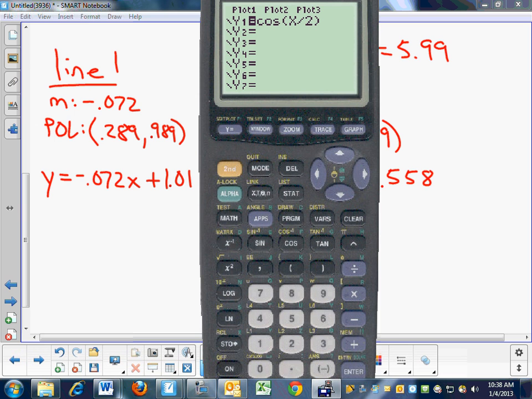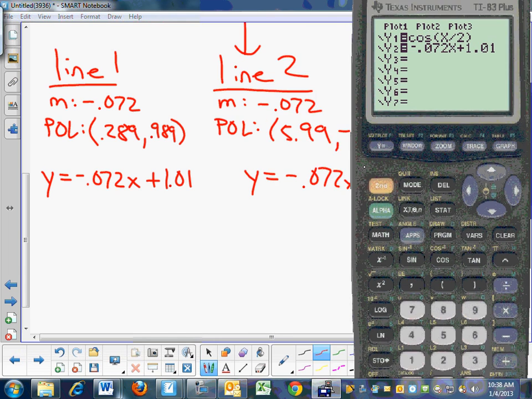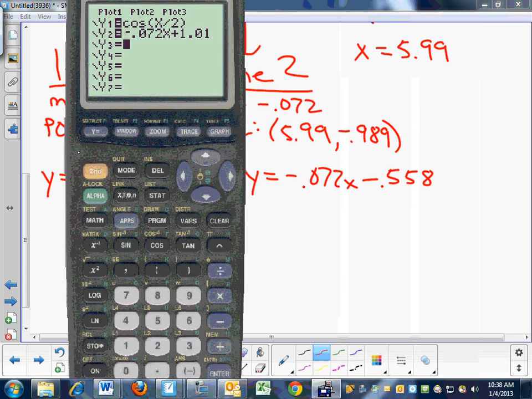Okay, I'll come and show you an example. All right. You graph this in your head.